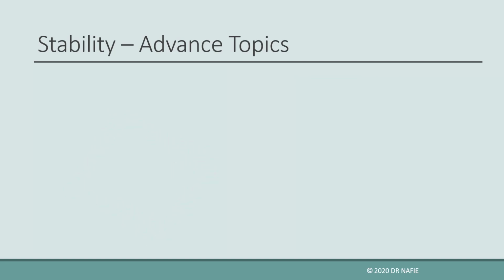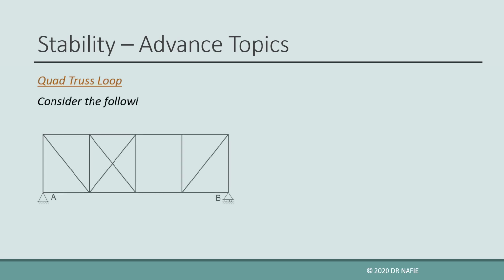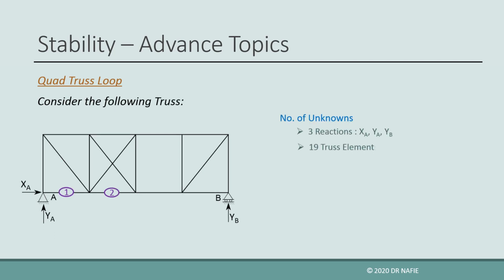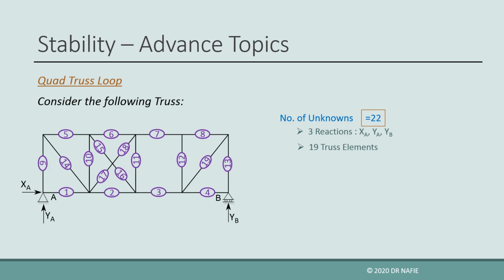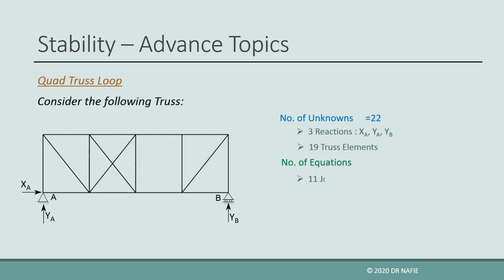Let us examine another example in which the numerical stability check fails. Take a look at the following truss. The truss has 3 reactions and 19 truss elements, giving 22 unknowns. This is equal to the equilibrium equations, which is also 22.